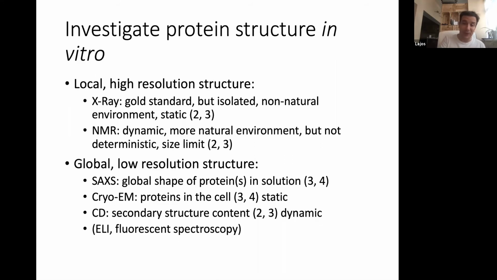The downside is that it's not really deterministic, so you never have one structure. If you search for an NMR structure and you download the file which is containing the structure, in case of the X-ray, you are downloading one structure, so you will have a coordinate for each atom once in your file. If you are downloading an NMR structure, the file will usually contain 10, 100, or 1,000 structures.